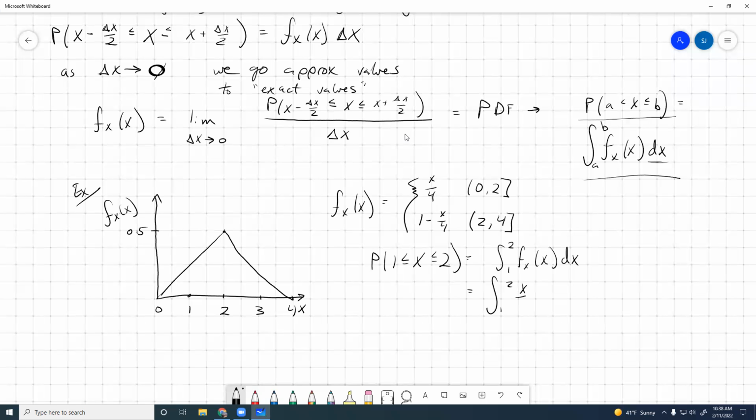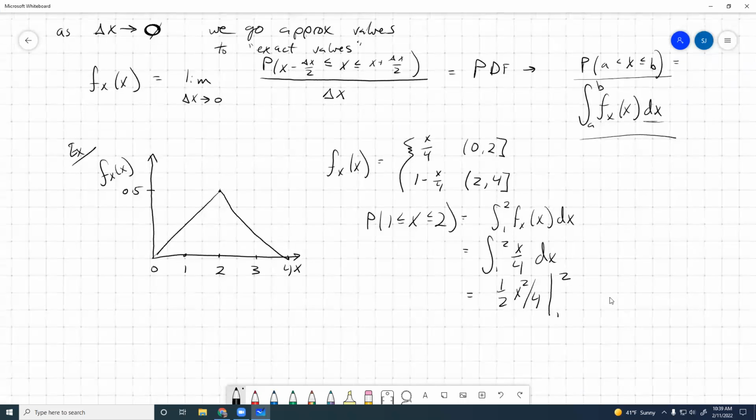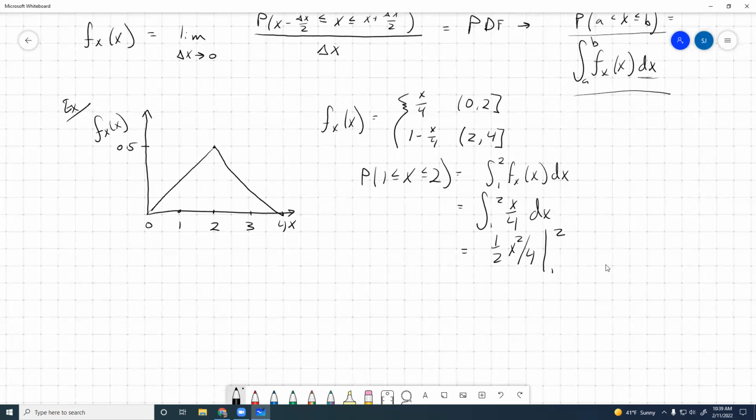So it's X over 4 dx. If we integrate that, we get 1/2 X squared over 4 evaluated from 1 to 2. And then just plug those numbers in.